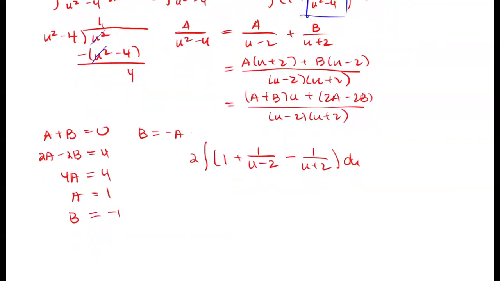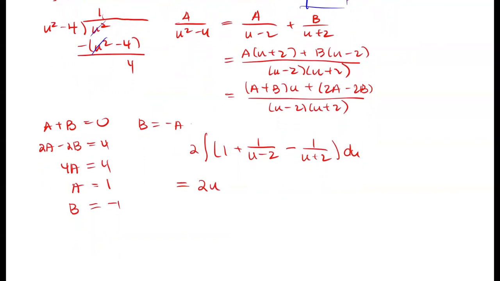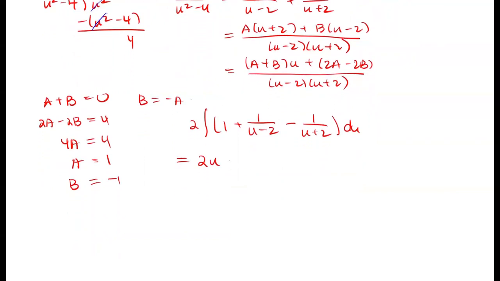Okay, now this would just be equal to 2u, plus 2 ln of u minus 2, minus 2 ln of u plus 2, plus c.